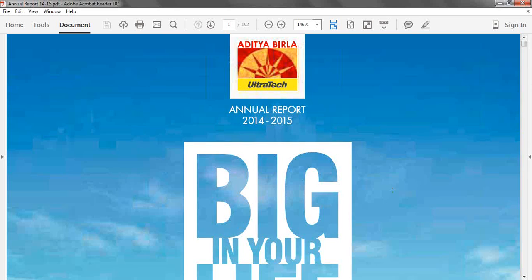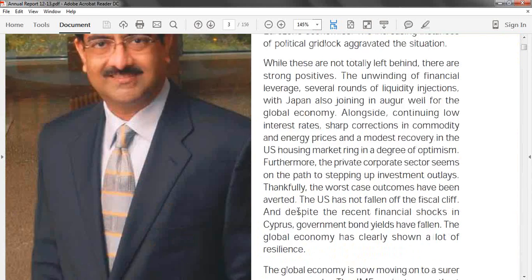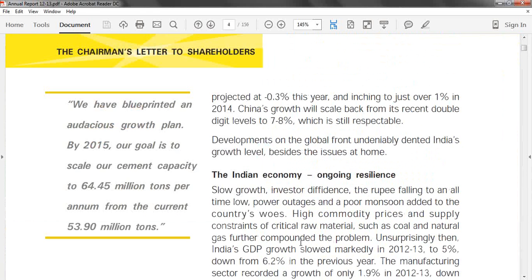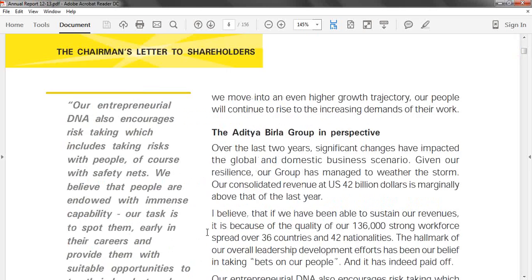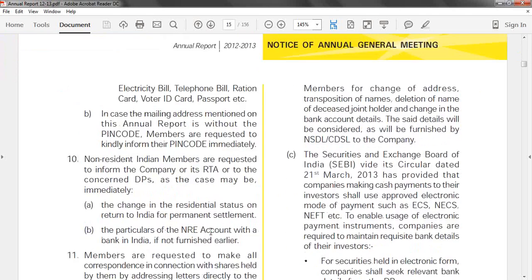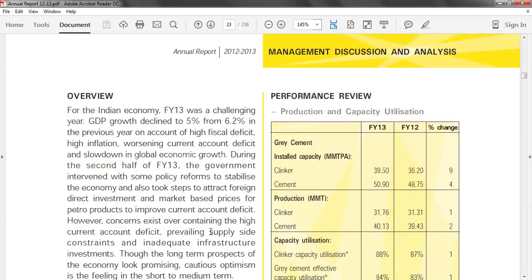If you want to check that out, let's look at the capacity in 2012, right? So if you look at the annual report for these guys and try and look at their capacity in 2012, this is the 1213 report. The 1213 report will tell you the capacity somewhere in the annual report itself. They would have given a letter to the shareholders.